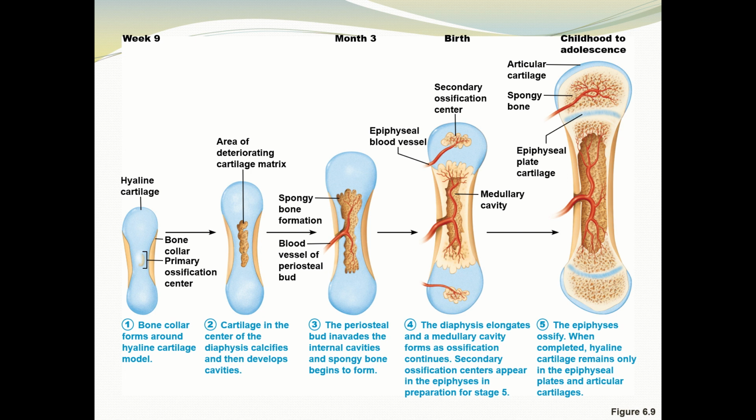And then the epiphyses will start to be ossified, and the articular cartilage will form, as will what's called the epiphyseal plate. The epiphyseal plate is a site of long bone growth that will not ossify completely until puberty ends and adulthood is reached.